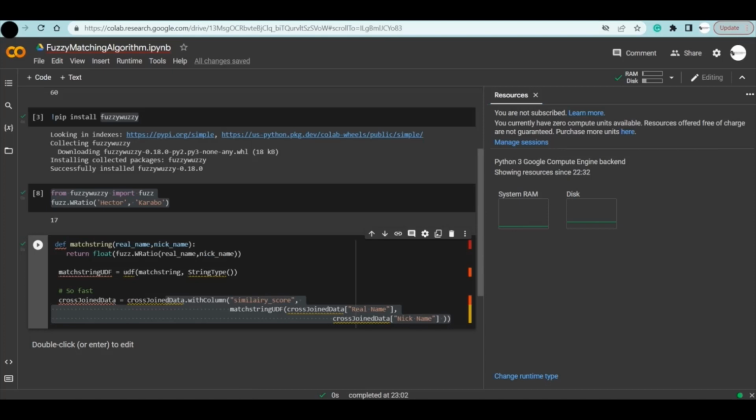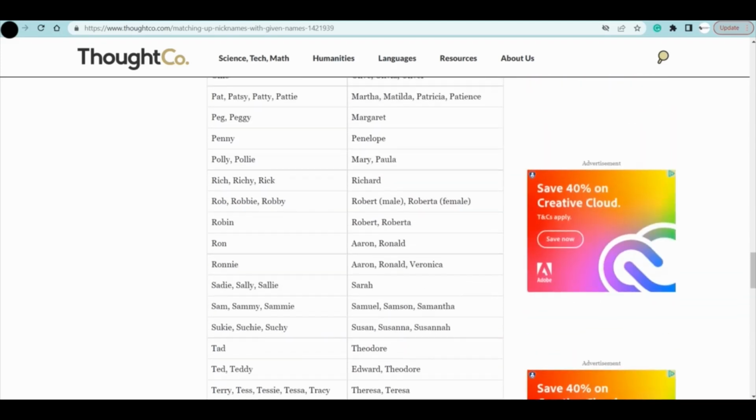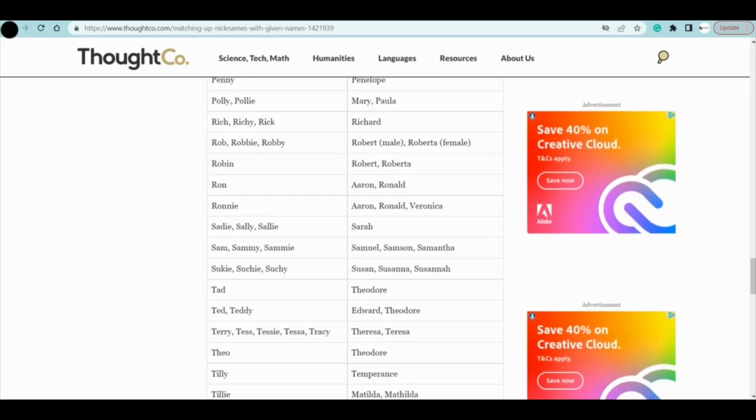Let's go to this. So these are actually nicknames that I found online, and they're quite accurate. For example, we have Penny, Penelope, we have Rob, Robbie, Ron, Aaron, Ronald. But the problem is that sometimes we might find that some of these are not as accurate as we might think.